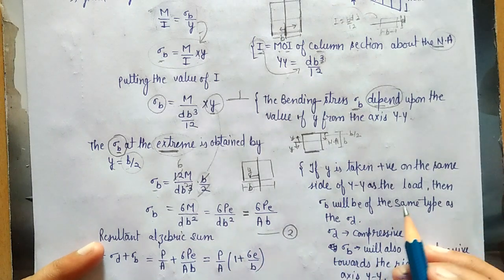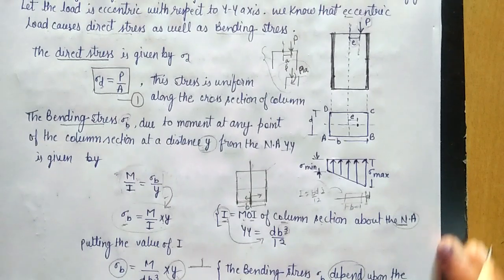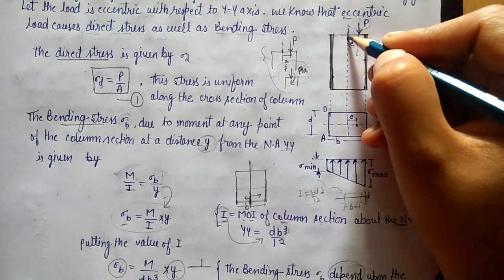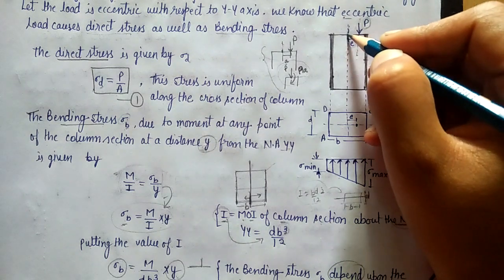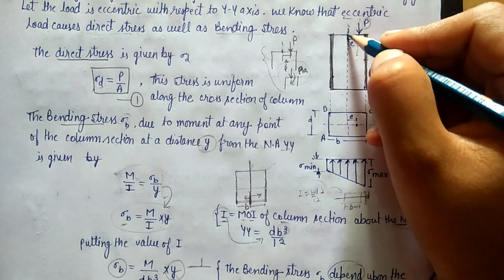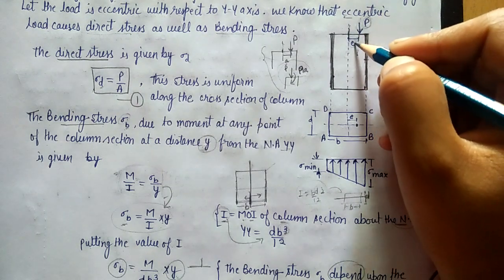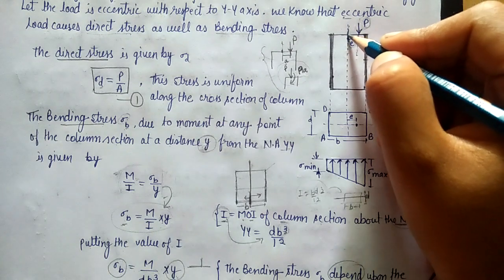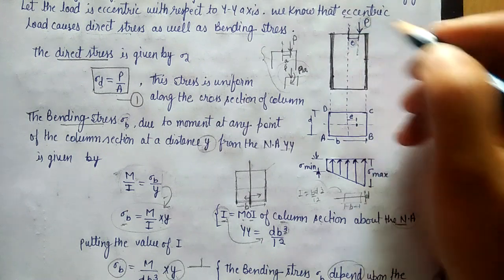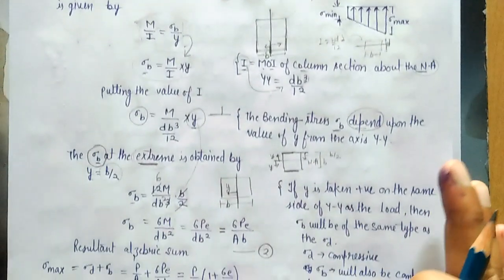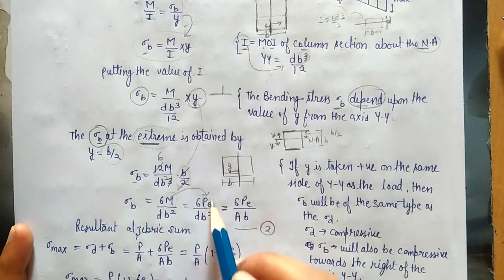What is the definition of moment? Moment is equal to load into perpendicular distance, or force into perpendicular distance. That's why the moment at this point is equal to P into e.